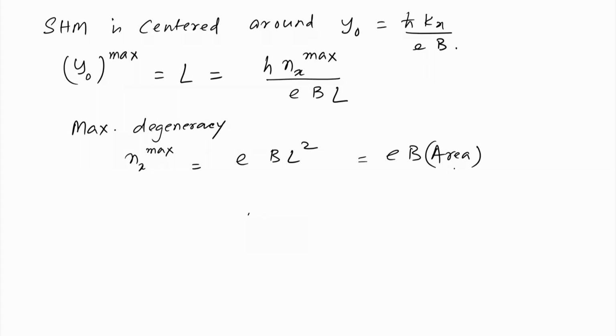So, this is the planar area of the sample, and this gives the degeneracy of these Landau levels, and we get the solution as the particle being free in the x direction and z direction, and it executes a simple harmonic motion about the y direction about some distance which depends upon various things including the magnetic field.